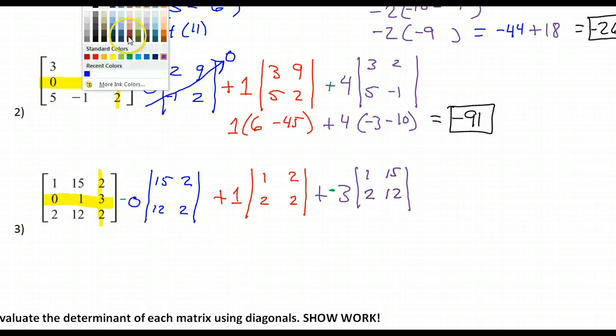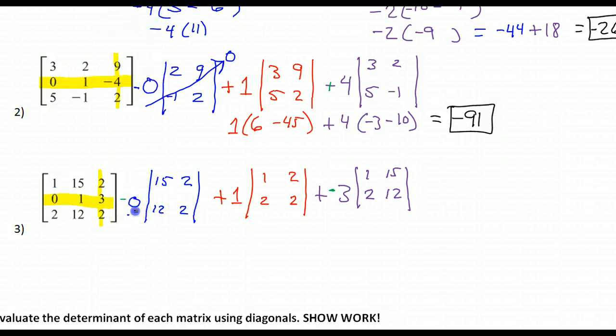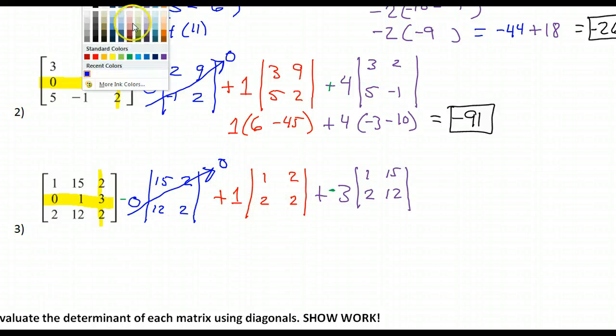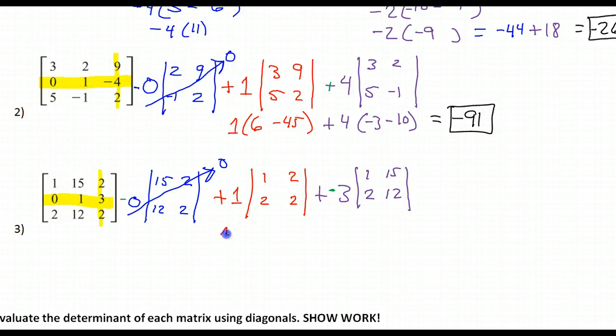Alright, so once again, multiplying anything by 0 is just 0, so boom, that's gone. So now I can concentrate on the other 2. So this is going to be 1 times, alright, and remember this means we're doing the determinant, so that's down diagonal minus up diagonal. So that's 2 minus 4.